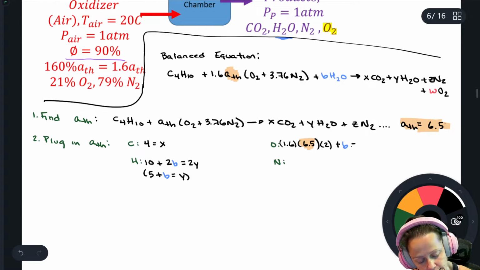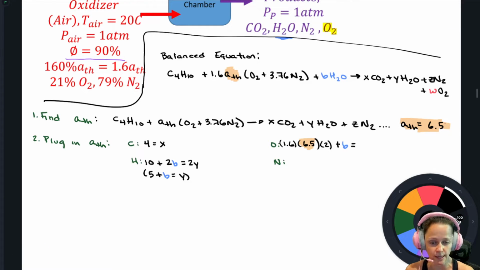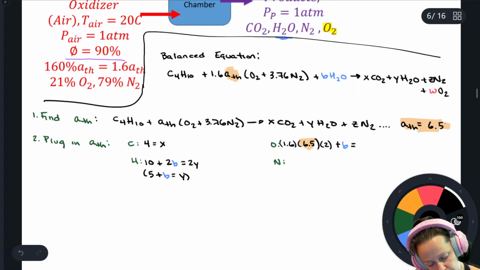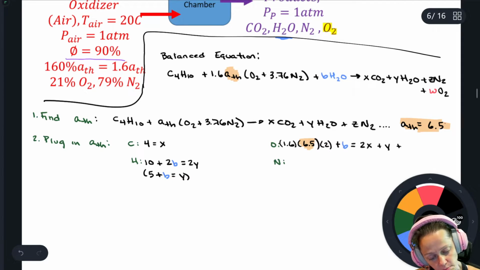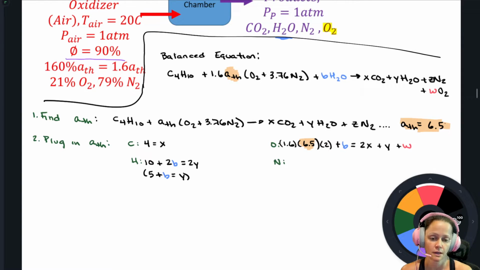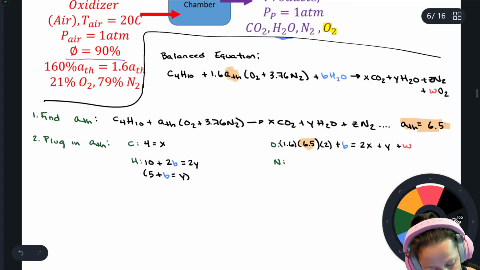And then this is going to be equal to, let's see, on the right-hand side, I have 2X plus Y plus my W. Actually, it's 2W, isn't it? 2W.